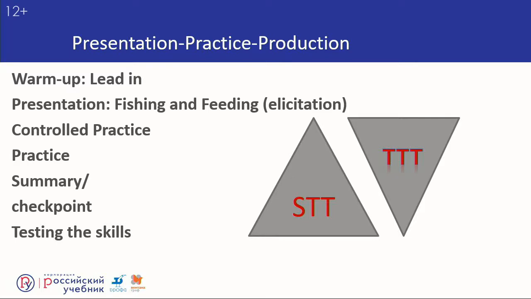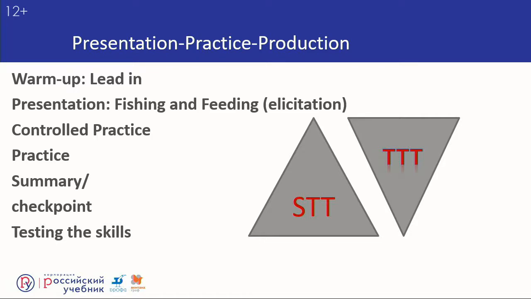Then you move on to freer practice, to production, where students use the skills and knowledge that they have acquired during the presentation and controlled practice stages while completing meaningful real-life tasks. Because we learn the language to communicate, right? Communication is a meaningful real-life task.